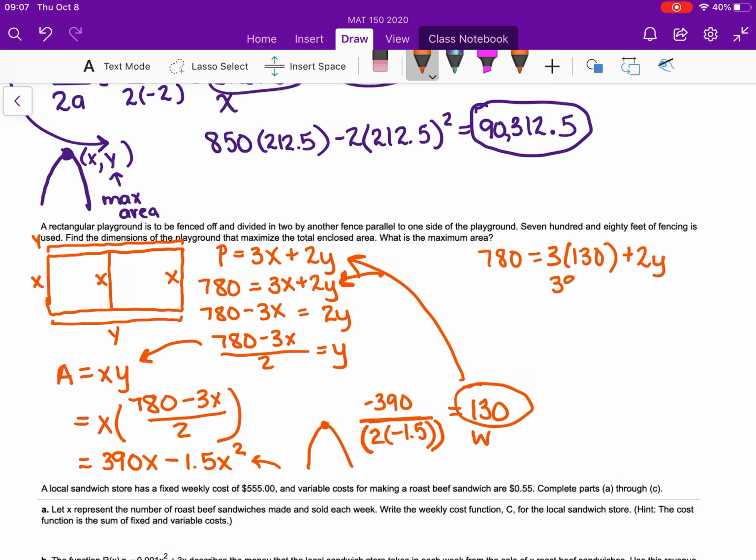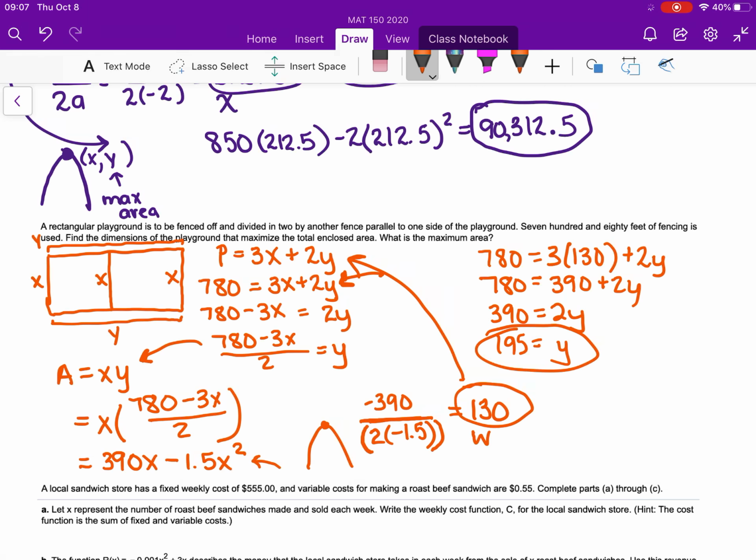So I get 390, which is actually half of it. So that means 390 equals 2y. So what is half of 390? 195 would be y to maximize the area.